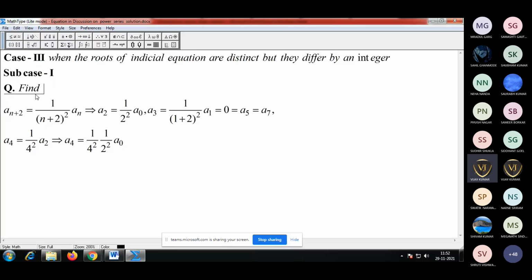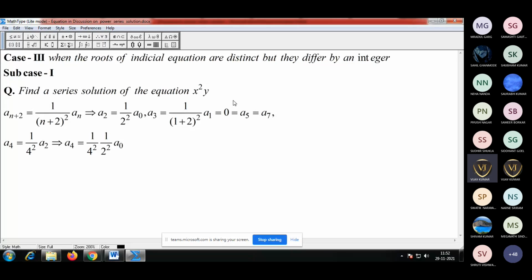Find a series solution of the equation x square y double dash plus x to the power 3 y dash plus x square minus 2 y equal to 0.